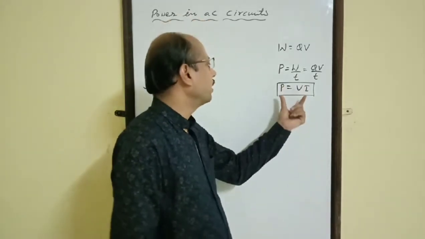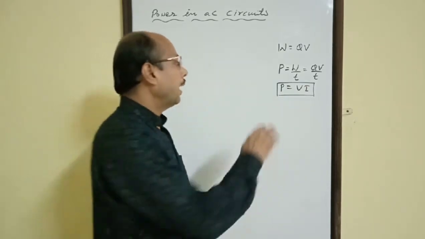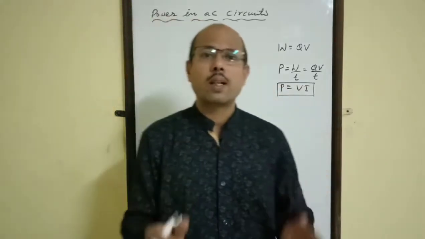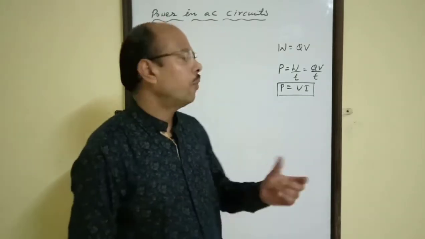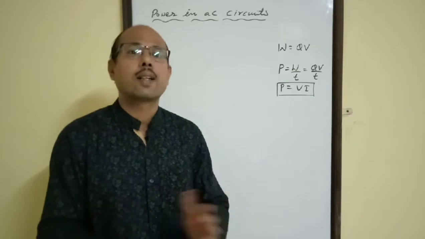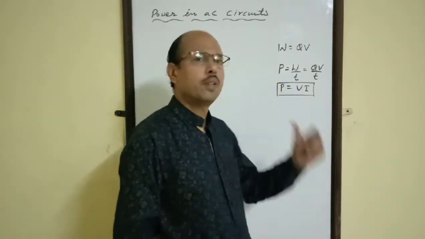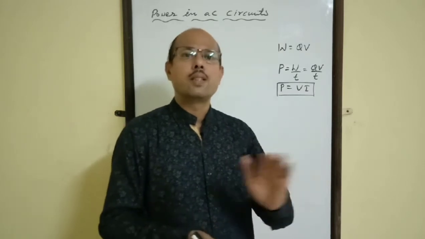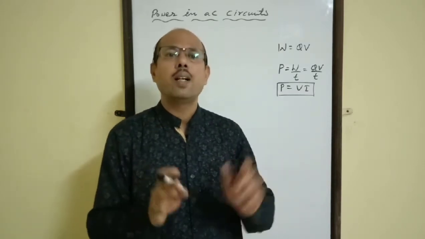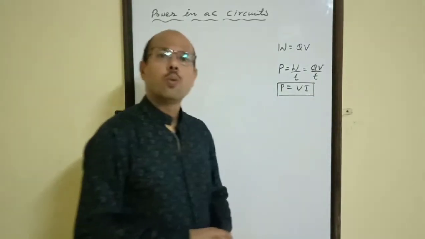In current electricity, there are so many questions related to power. But as I have discussed earlier, before this alternating current chapter, we have discussed mostly currents which are direct current, or DC. Generally we know that the value of DC is constant and there is no change in its polarity, and generally we use the formula P equals VI.